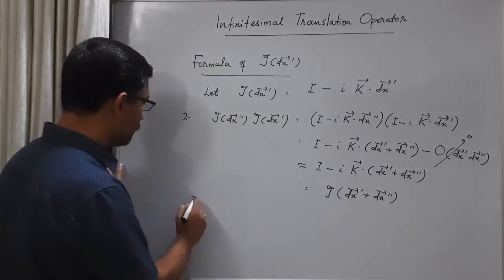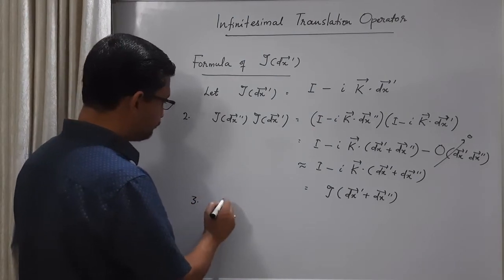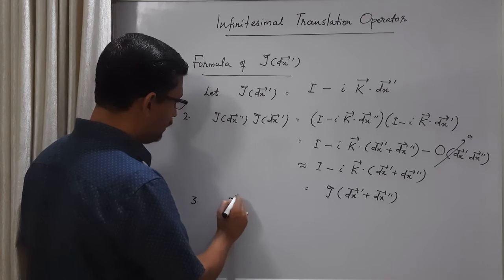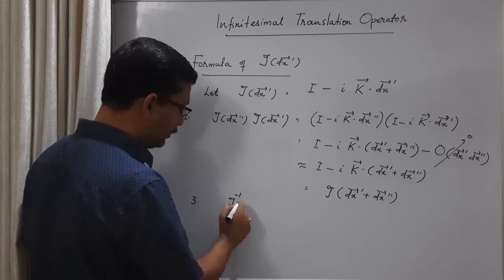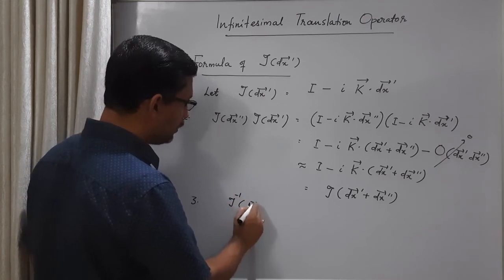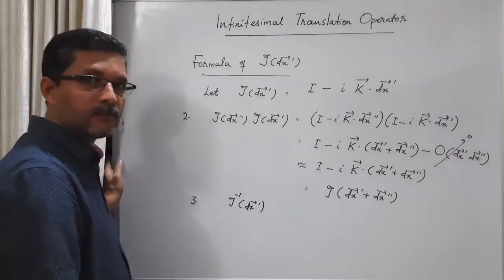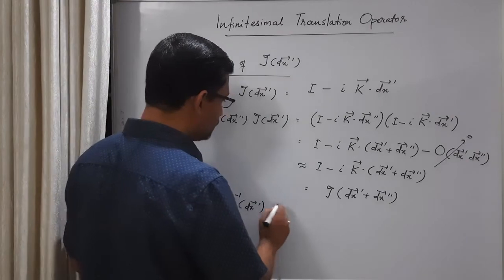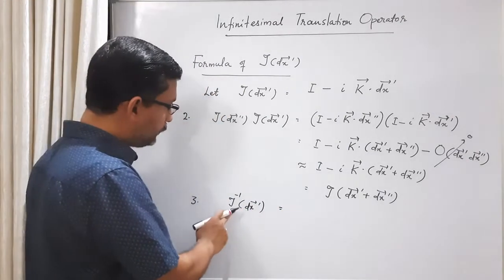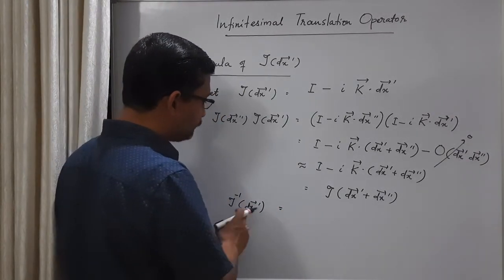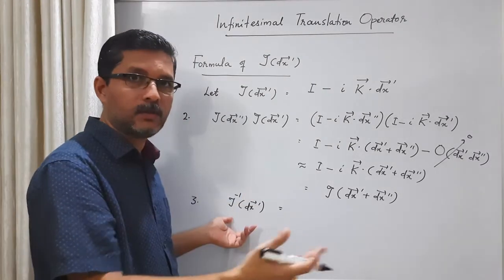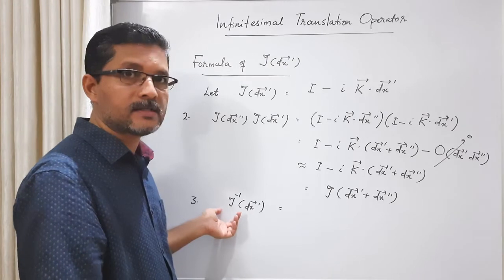Let's go to the third property. What is I inverse, the inverse of an infinitesimal translation operator? Now we know that this is a unitary operator, so I dagger I is equal to identity. It means that I dagger is I inverse.